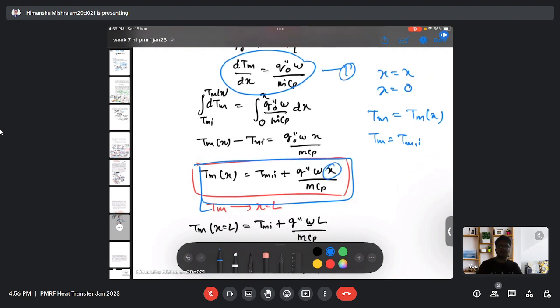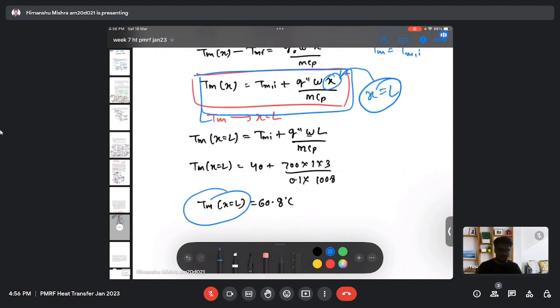Now since we have to find the temperature at the outlet, which is at x equal L, we just substitute the value of x, which is L, into this equation to find the mean temperature at outlet, which is 60.8 degrees Celsius.